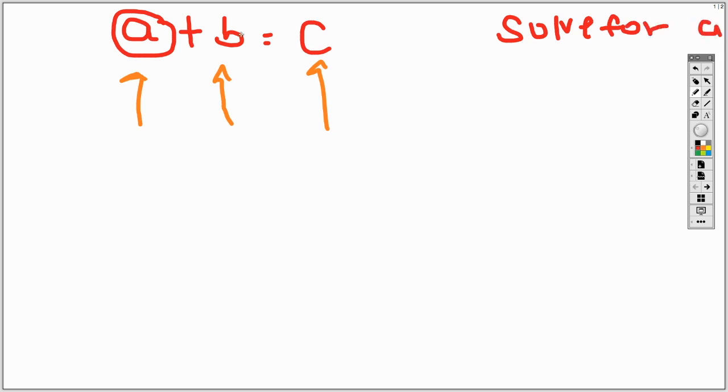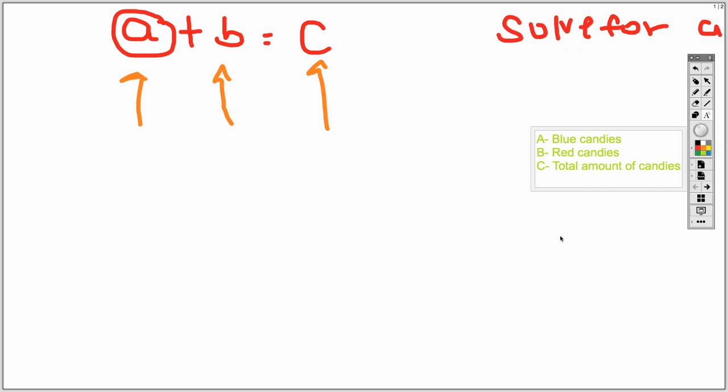These are blue candies, red candies, and the total amount of candies we have. And we want to figure out, and I'll write that over here so we don't forget, A is our blue candies, B is our red candies, and C is the total amount of candies. And we want to figure out the amount of blue candies.